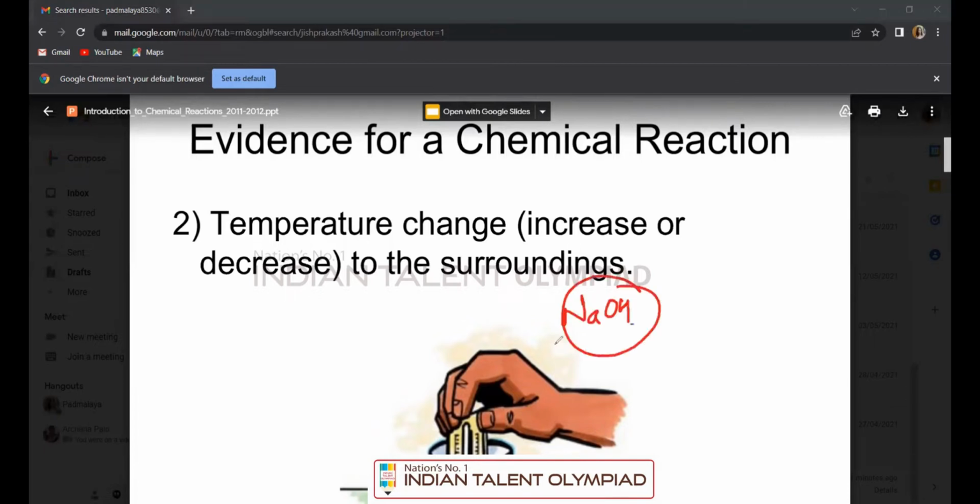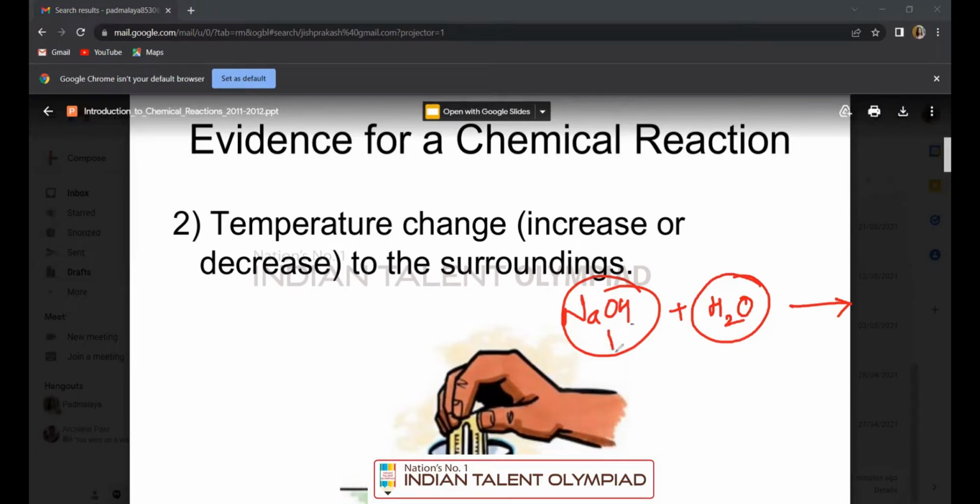What is the nature of sodium hydroxide? Ma'am, it is basic in nature. Try to dissolve sodium hydroxide in water. What happens is the sodium hydroxide pellets, the solid substance, get converted into a solution.